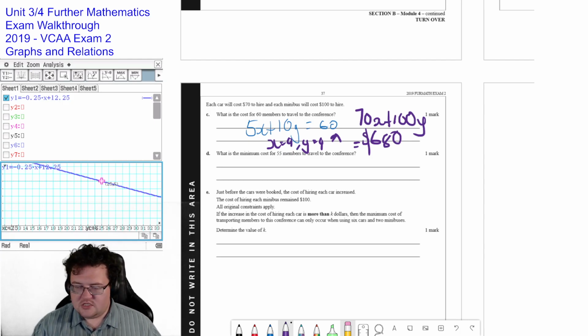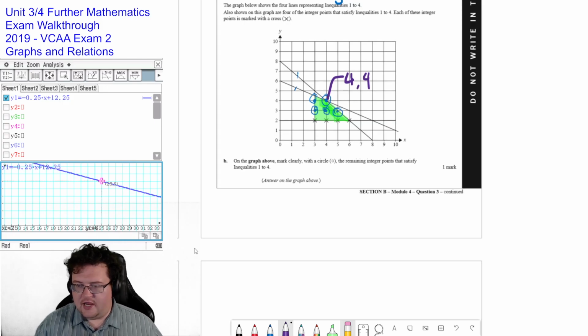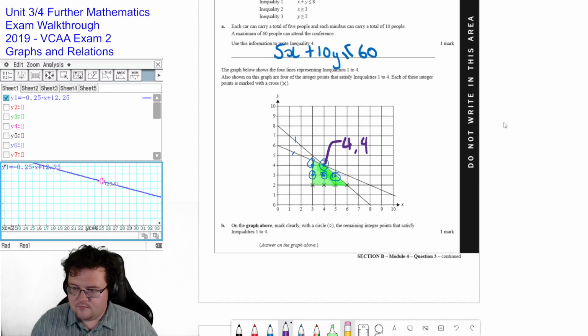What is the minimum cost for 55 members to travel to the conference? So again, we're going to go back to our graph and try to find which combination of points allows us to take exactly 55. All right, we want to take exactly 55 people to the conference. So using the inequality that we have here before, we have 5 points that we can work with. Well, if we put 3 into this one, 3 times 5 is 15, plus 3 times 10, which is 30.